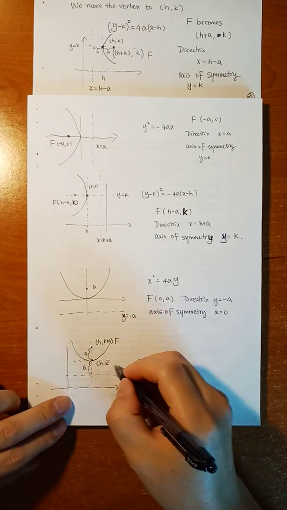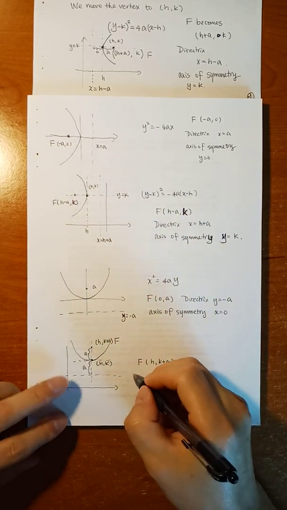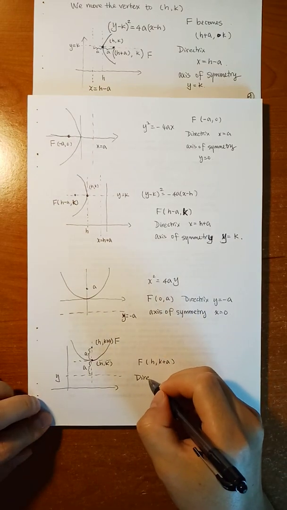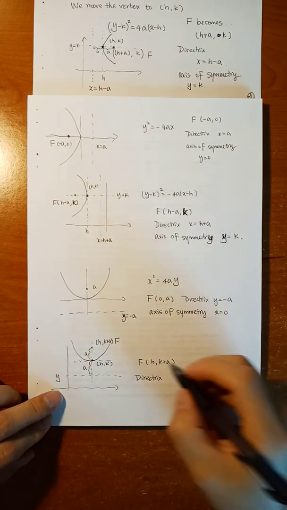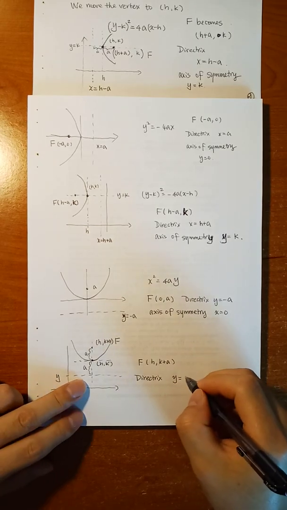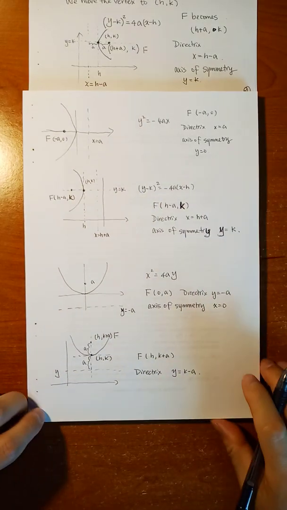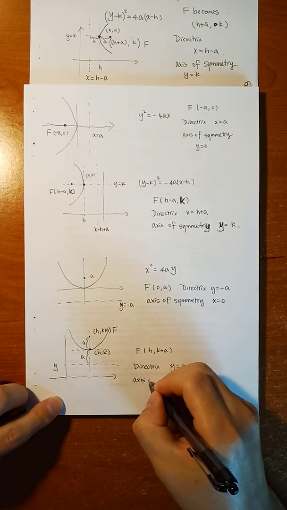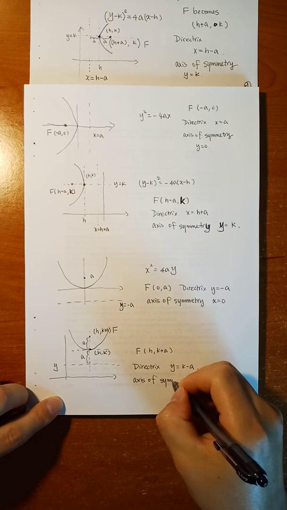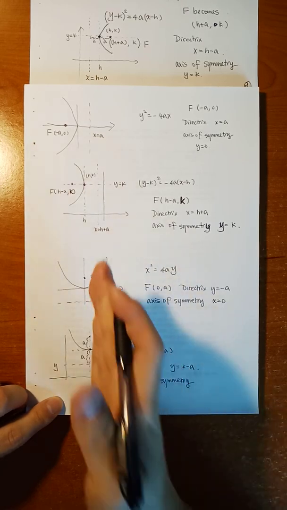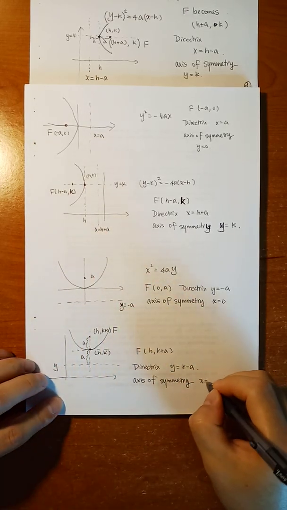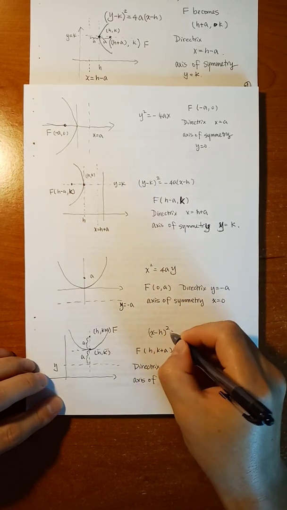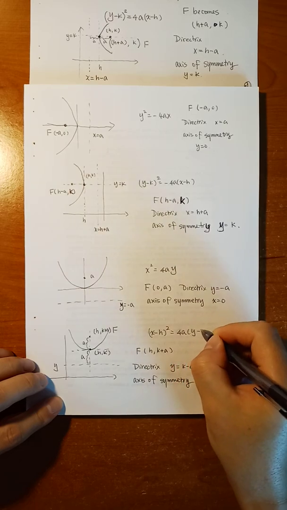That's minus a, k minus a. The directrix is y equal to k minus a. And the axis of symmetry is x equal to h. The equation becomes x minus h squared equal to 4a times y minus k.